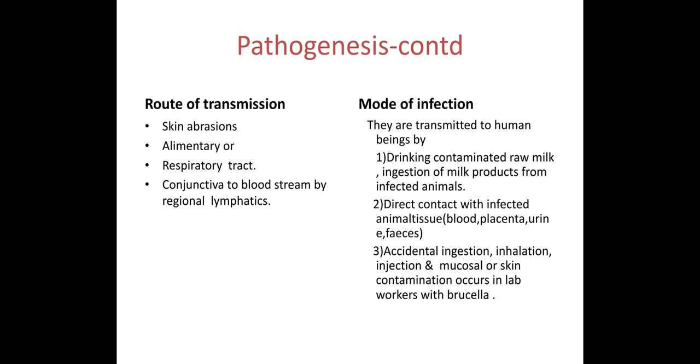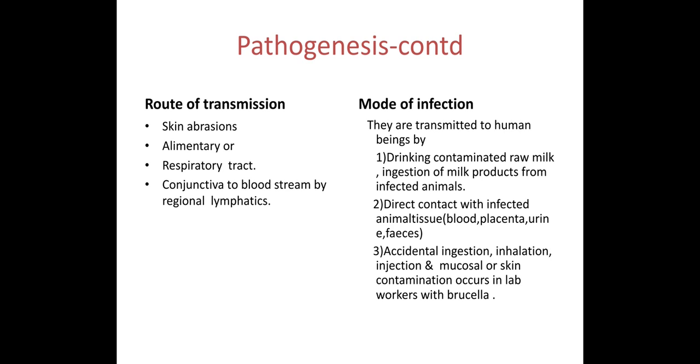The various modes of infection, or the ways in which humans can get infected by brucellosis, are by drinking contaminated raw milk or ingestion of milk and milk products from these infected animals, and direct contact with infected animal tissue like blood, placenta, urine or feces. Then there can be accidental ingestion, inhalation, injection, or mucosal or skin contamination in laboratory workers who are working on Brucella.